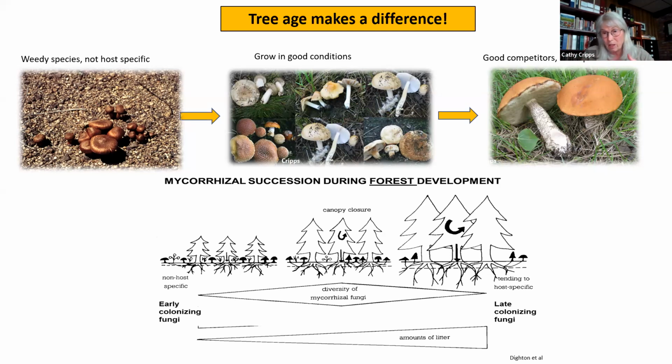They're competing with each other. They're competing for space, for nutrients on the tree roots. And the good competitors eventually, as the trees get older, kind of win out. And they tend to be more host specific because they have a tighter connection to the tree. So these are the late colonizing fungi. So there's a whole succession. There's patterns in space and there's patterns in time for the mycorrhizal fungi, is kind of the point that I'm trying to make here.